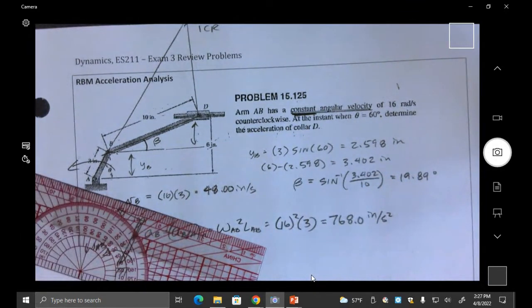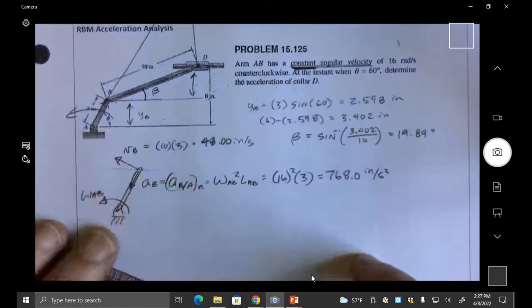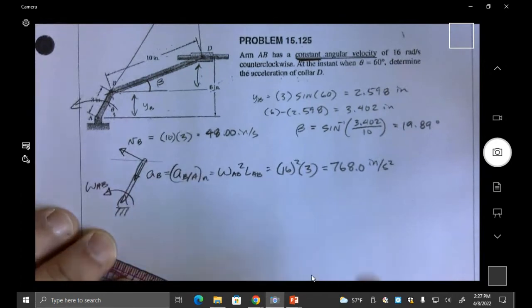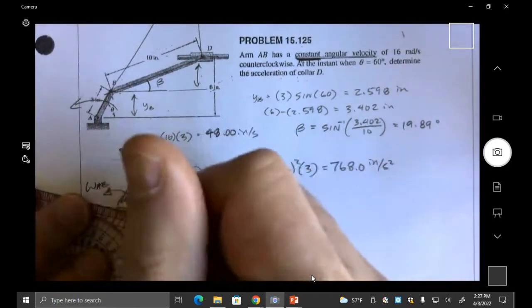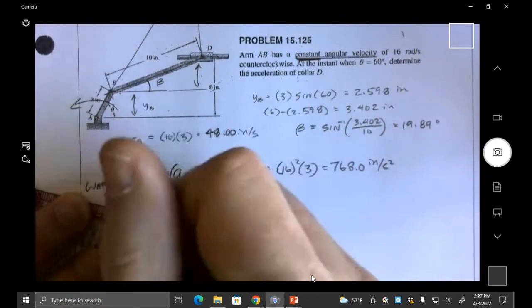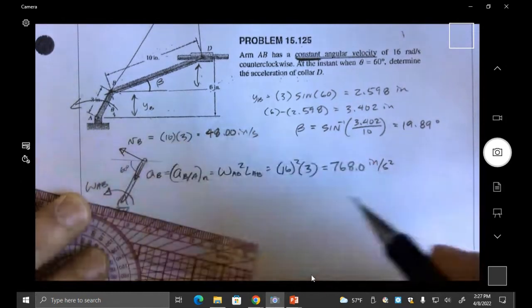Does that agree with him? Oh, he went the other direction. He has 70.12. Yeah, okay, that sounds good. Let me look right here. This is going to be also 60 degrees.